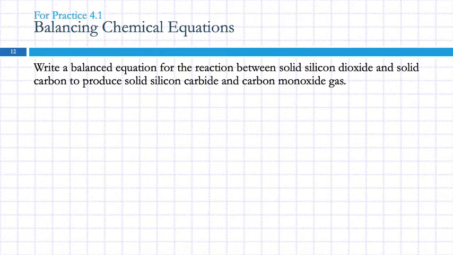So as we look at this, we have the reaction between this and that, so this and is a plus, to produce, that's where the arrow goes, this and that. So we need to take the names and translate them into formulas.